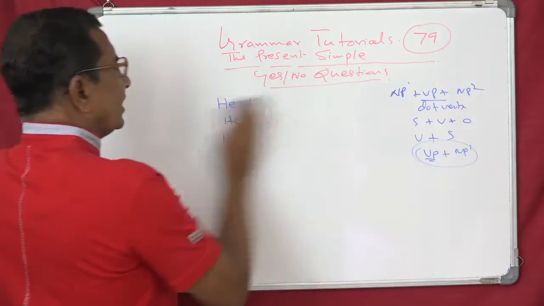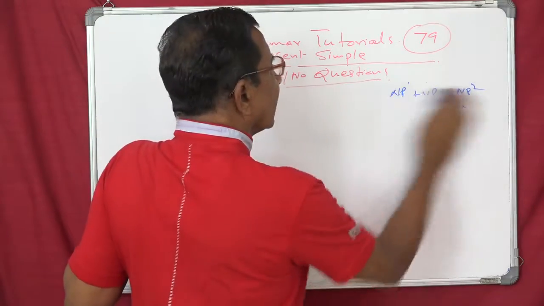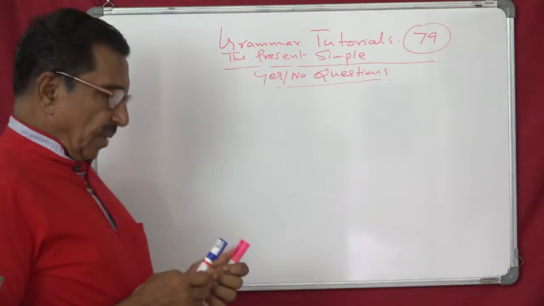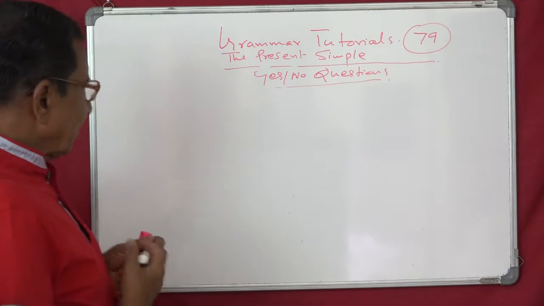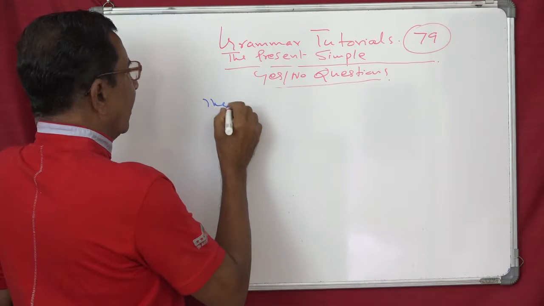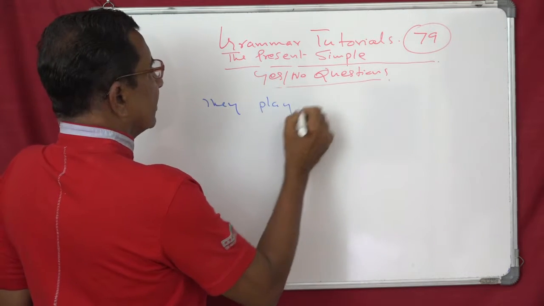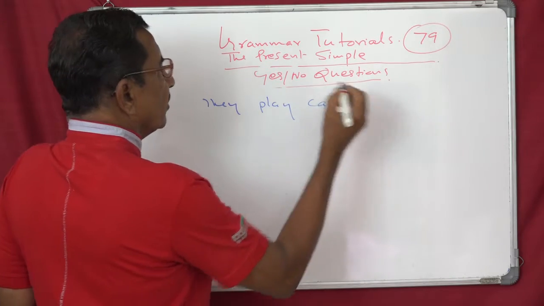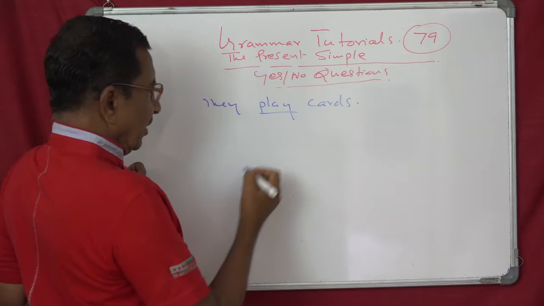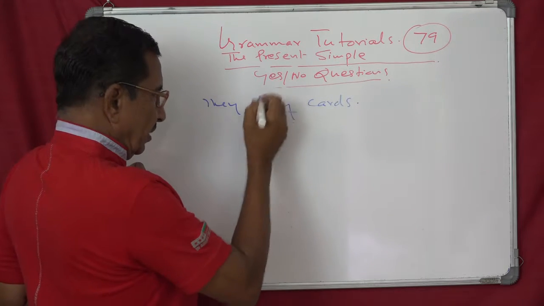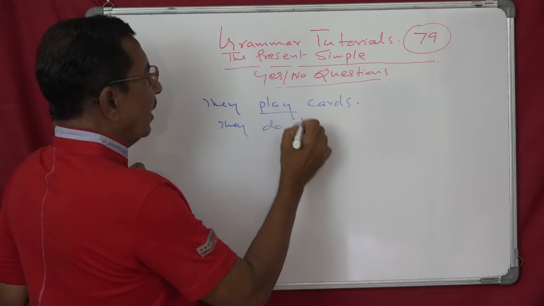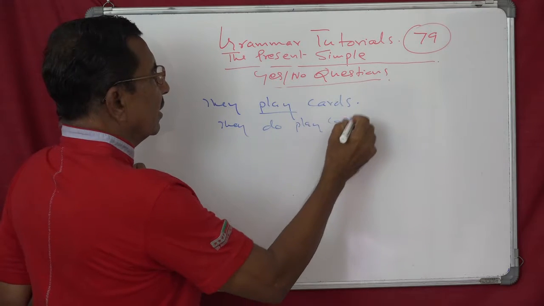Okay. Let's do some more examples, and then we'll become masters of this. Right? So you have got some examples. They play cards. Now you have to make a yes or no question. What will you do? You have to insert do, then it will be they do play cards.